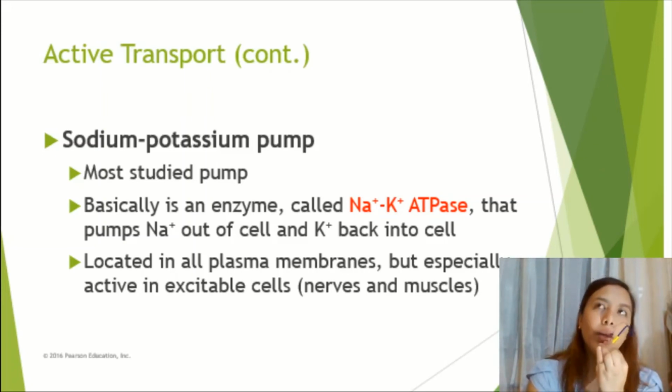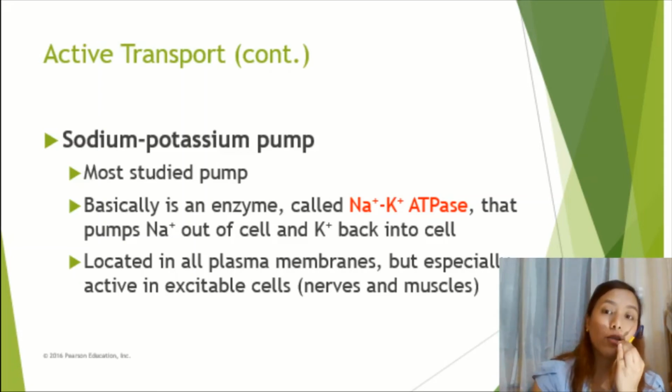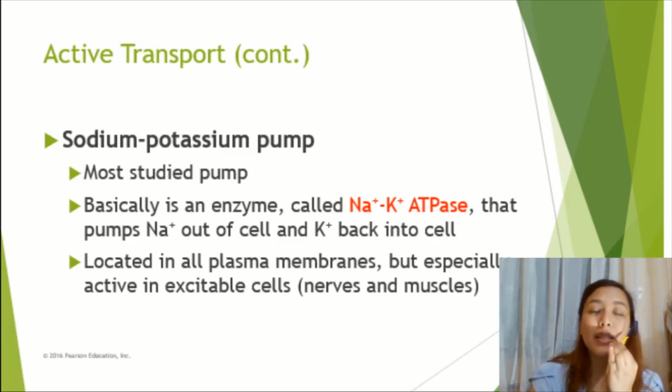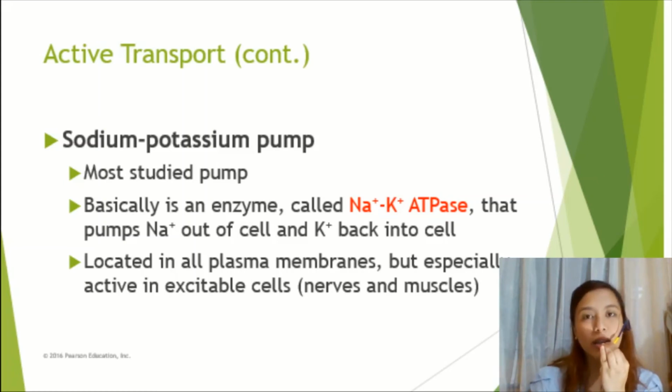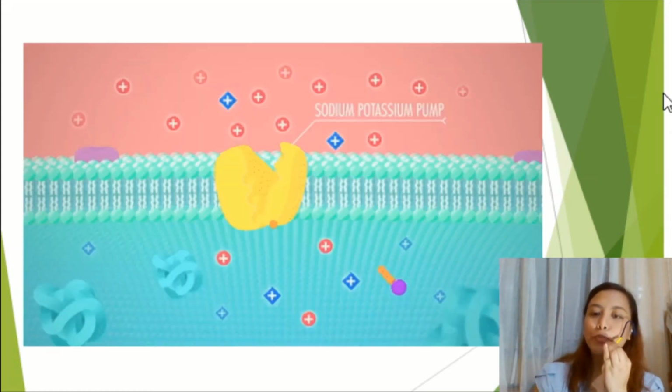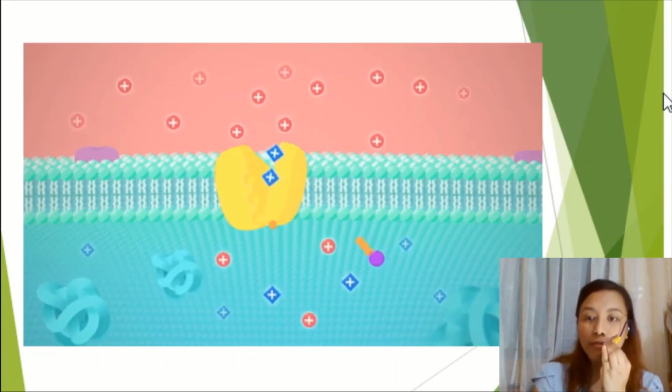And you will know in your pharmacology or in your anatomy that your sodium potassium pump plays a large role in our body function. It is the number one reason our cells generate electricity and all that. Okay? So here's an example.